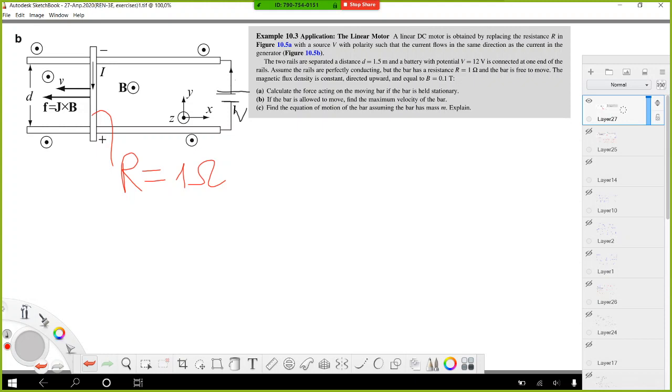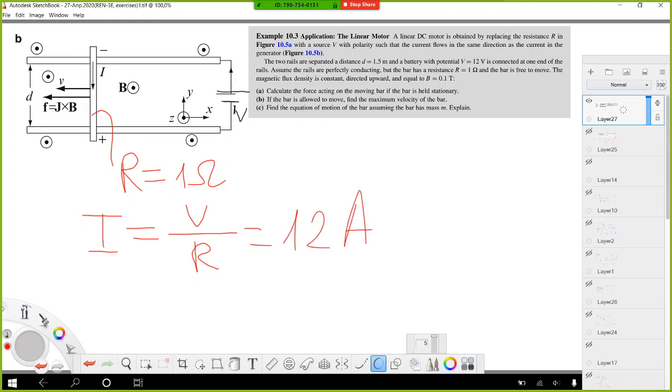The DC current flowing through the circuit equals I. If the bar is not moving, I is equal to V divided by R, which is 12 volts divided by 1 ohm, is 12 amperes.